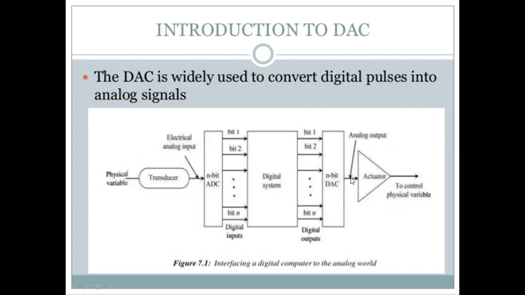There you need to convert current to voltage, so you connect an I2V op amp. This analog output is given to the actuator. The actuator converts the electrical quantity to whatever physical quantity we need, like temperature, pressure, gas, like that. So this is the process happening: need to take the variables into the microcontroller.